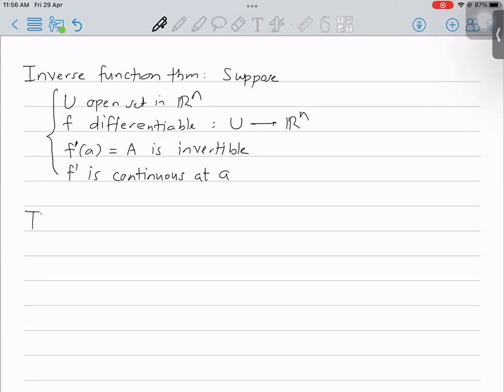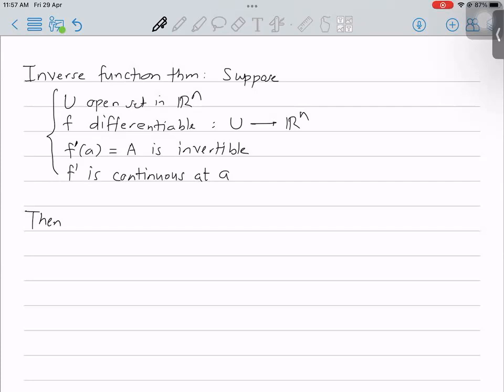Then the conclusion is the following. In short, when I write it, it's going to look a bit long because I'm going to break it up into steps by which we are going to prove it. But in short, it is going to say something very simple, that this function f is actually going to be a local homeomorphism, and moreover, its inverse is also going to have the same properties as f.